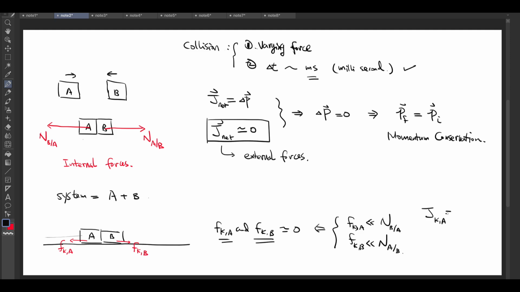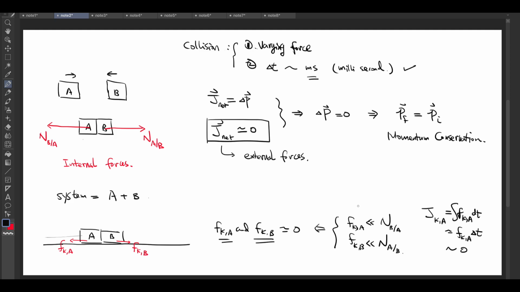The impulse due to Fka is approximately Fka delta T, and due to this small scale of the time, that's almost zero. And similarly for the impulse for B. So that's how we can neglect it.